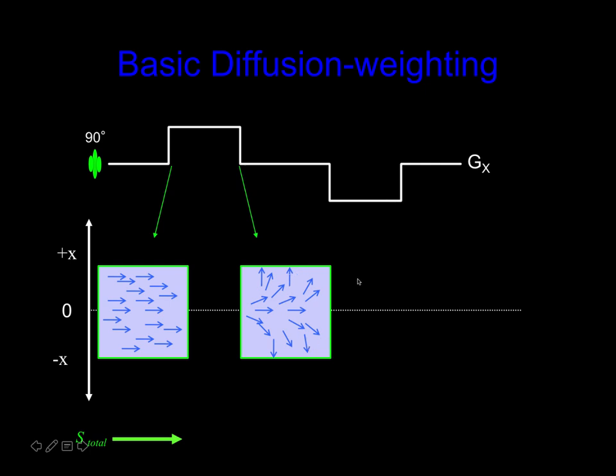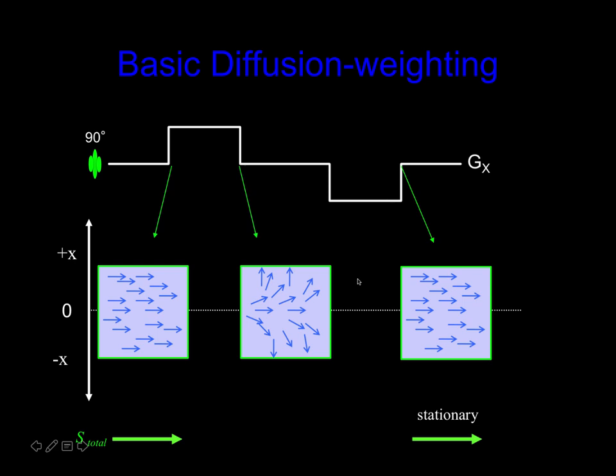And if they didn't move in their position, then they will exactly come back to where they were, and we will completely regain our signal. So that's if they didn't move. Now, if the water molecules did move, and here we're talking about if they diffused, then the effect of the second gradient will not exactly undo the first one. And so we will have lost some of that coherence, and our net signal is lower. So that's a very basic idea.